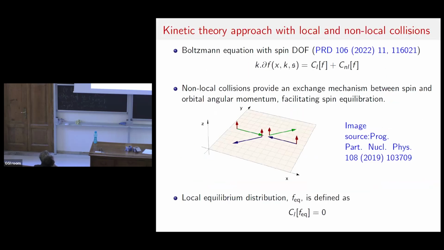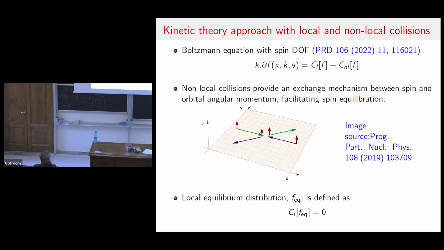Now this brings me to another approach which has been proposed in this article, and of course there are many articles before this. The main idea is that you start with a Boltzmann equation, but the collision term has an additional contribution from non-local collisions. The inclusion of these non-local collisions provides a microscopic mechanism for the transfer between spin angular momentum and orbital angular momentum, as is depicted in this figure, which is slightly misleading, but gives the essential idea.